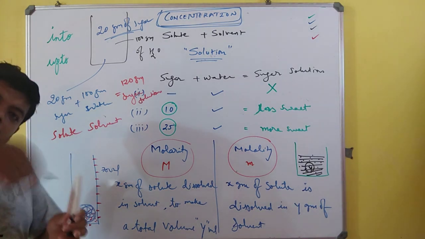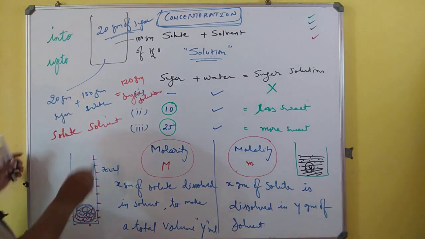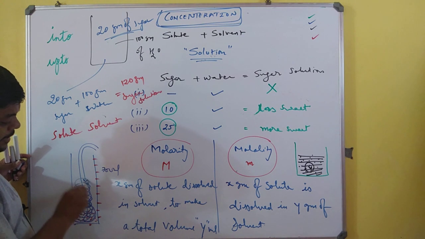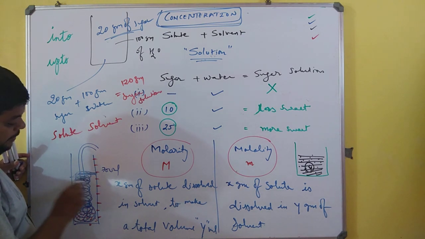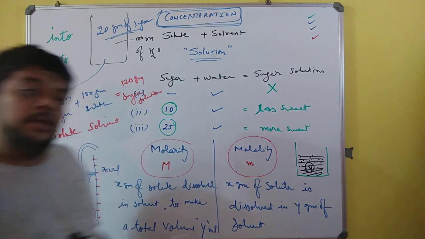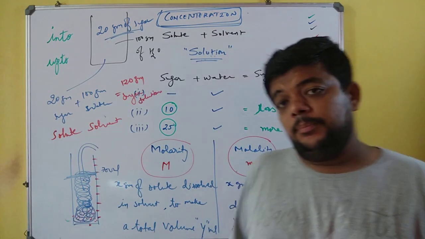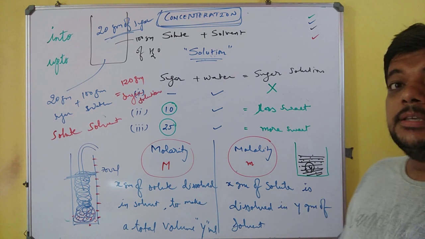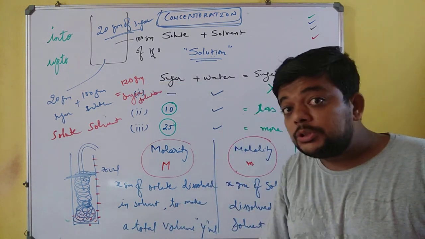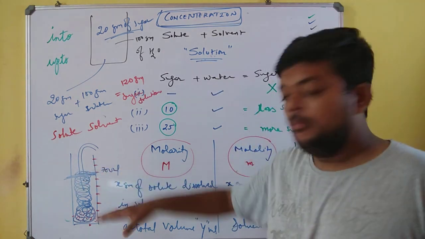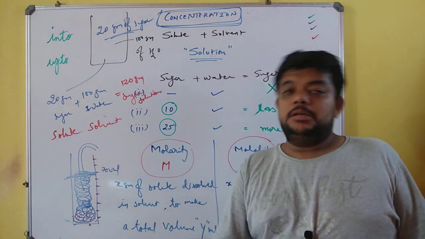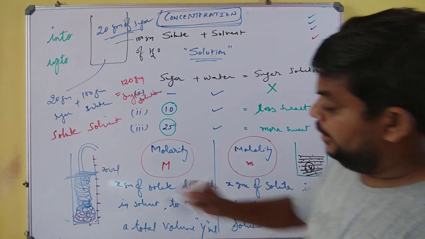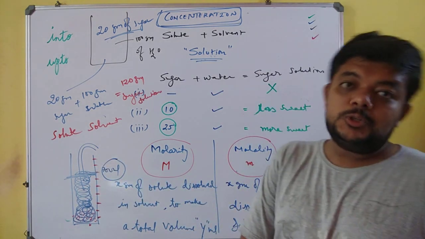It is mixed properly and dissolved, and then extra solvent is added so that the volume will rise and reach 700 ml. But remember, when this volume reaches 700 ml, it is both solute plus solvent making a solution. This is what the difference is. When I say up to the volume of solution, it means in this volume both solute and solvent are mixed together, and this total quantity in volume refers to solute plus solvent, that is solution.